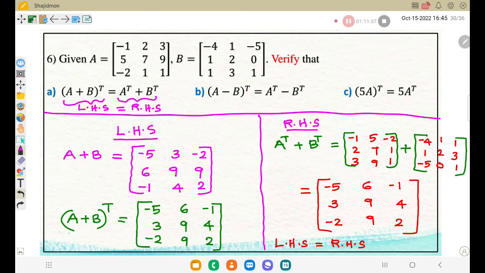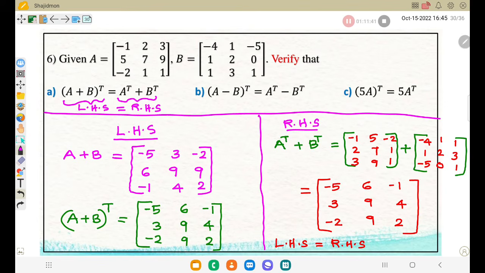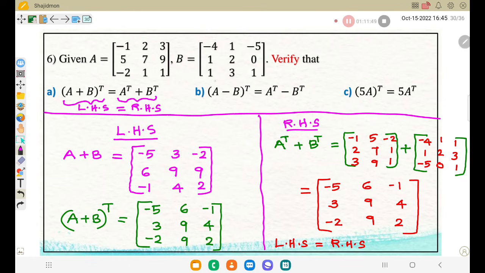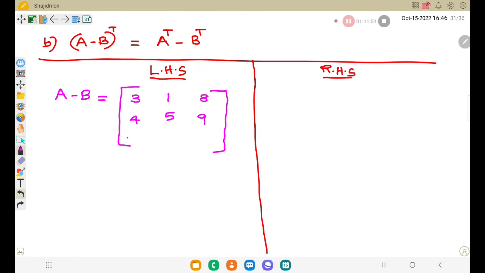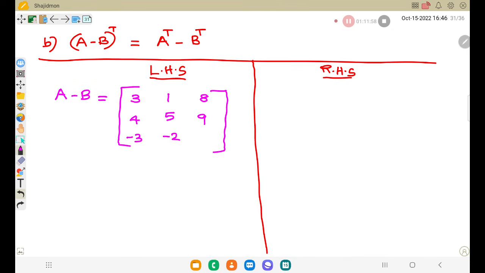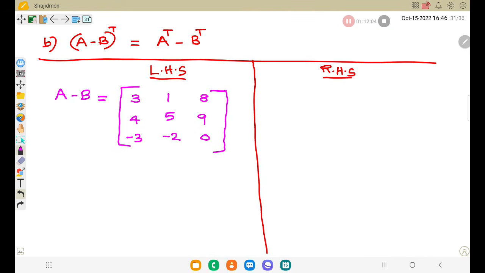Then 7 minus 2, 5. Then 9 minus 0, that is 9. Now third row, minus 2 minus 1, minus 3. Then 1 minus 3, minus 2. Then the last number, 1 minus 1, that is 0, correct.